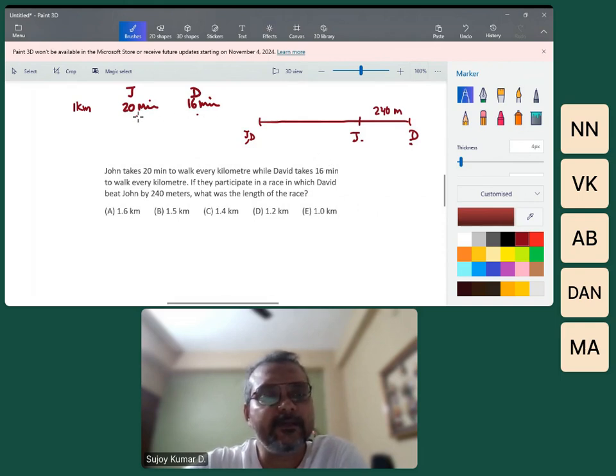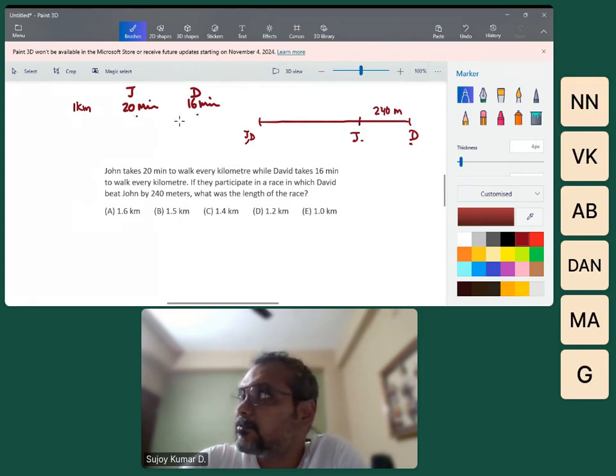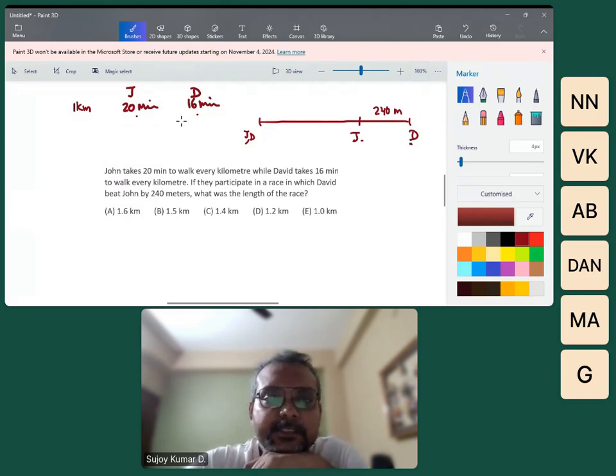Now, here you see the time is not the same. When they gave you the data, they gave you 20 minutes for 1 kilometer and 16 minutes for 1 kilometer. Let us take the multiple of 20 and 16. What is the least common multiple of 20 and 16? Should be 80. So to get to 80 minutes, I multiply this with 4 and this with 5.